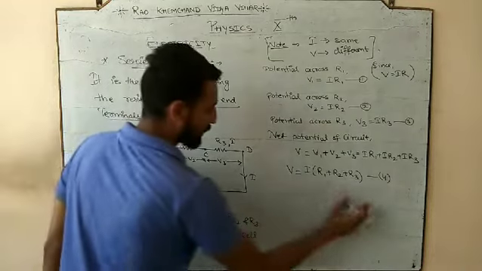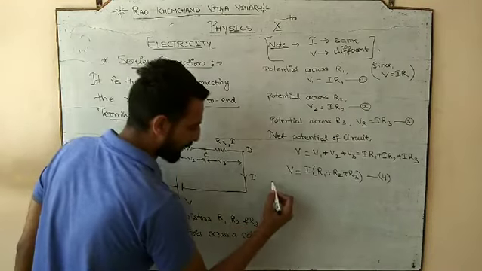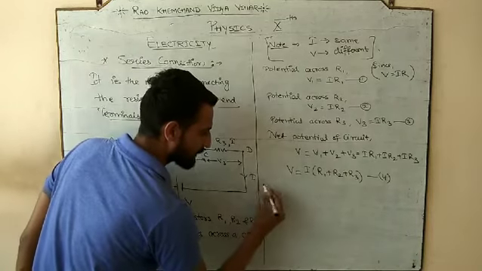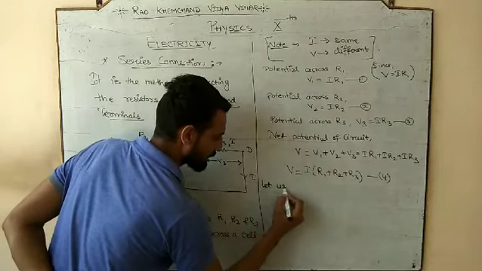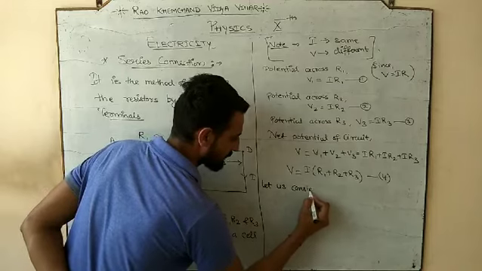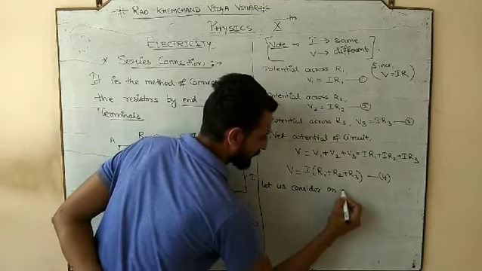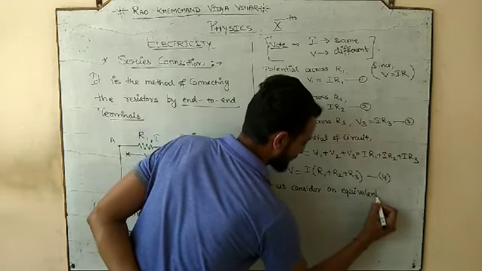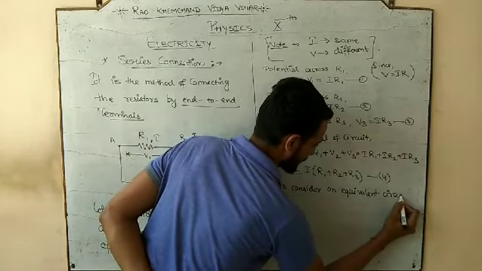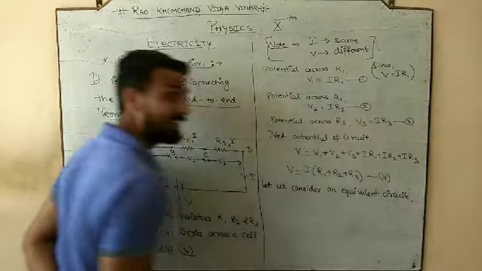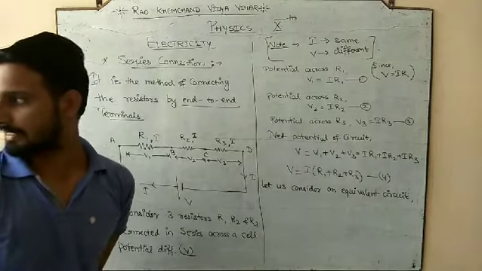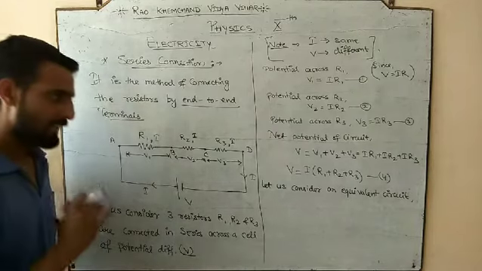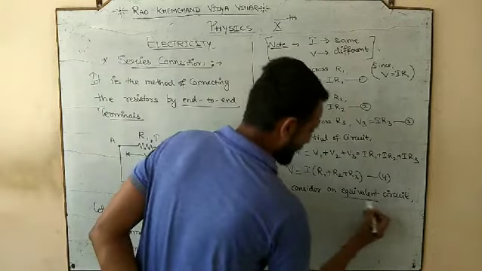So now one thing that you have to assume here, so everyone clearly यहाँ पे ध्यान देंगे. Let us consider an equivalent circuit, a circuit which is equivalent to this circuit. What is the meaning of equivalent?